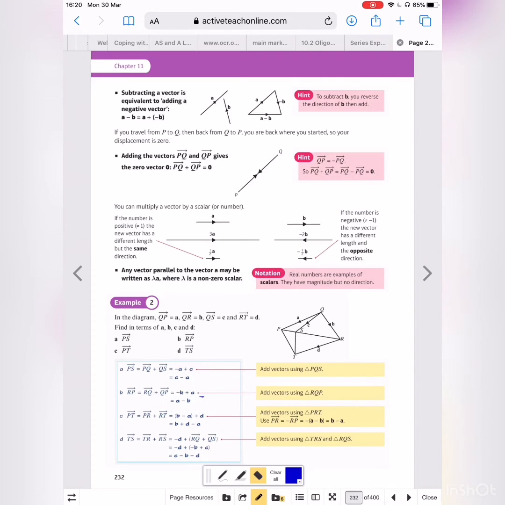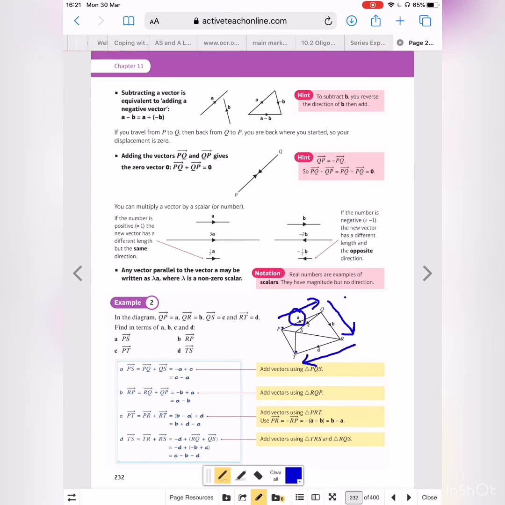So part C then. Hopefully we're getting the hang of these by now. Part C, we're going from P to T. Remember, try and always use the labelled sides. So what we're going to want to do is go from there to there, then from there to there, and then there to there. So we're doing this one first.